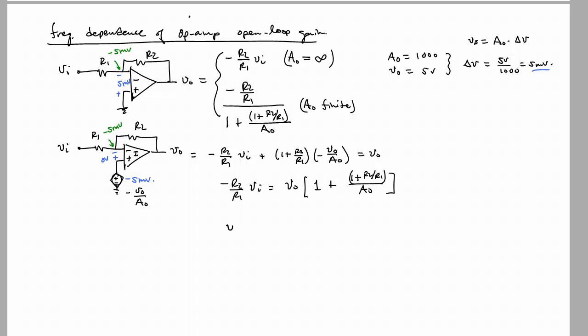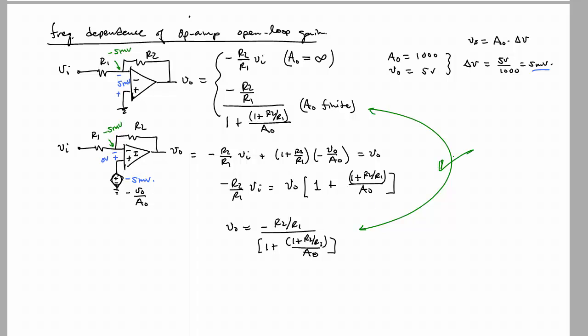And now we solve for VO, and we find that it is minus R2 over R1 divided by the quantity 1 plus R2 over R1 divided by A naught. And that is the same expression that we had up here.